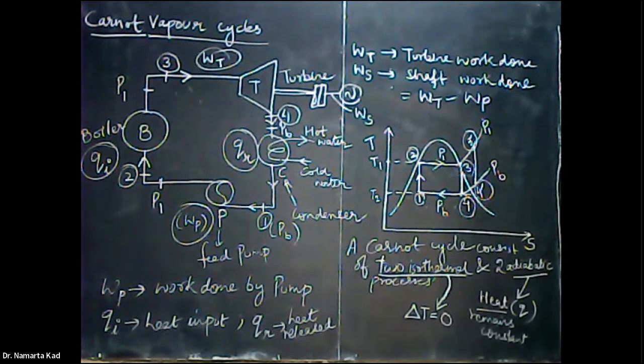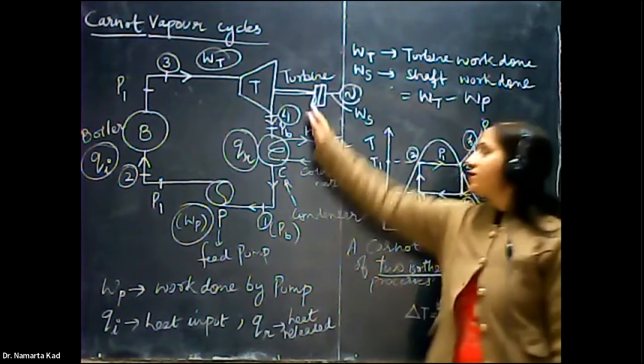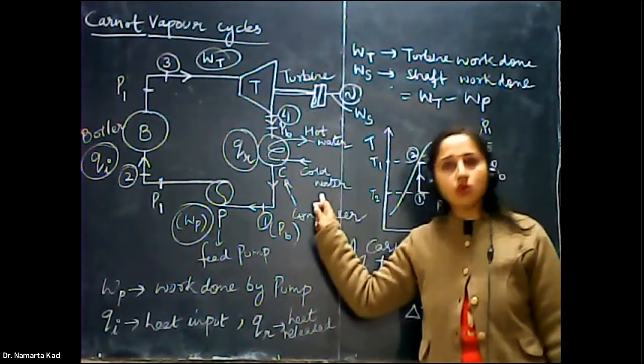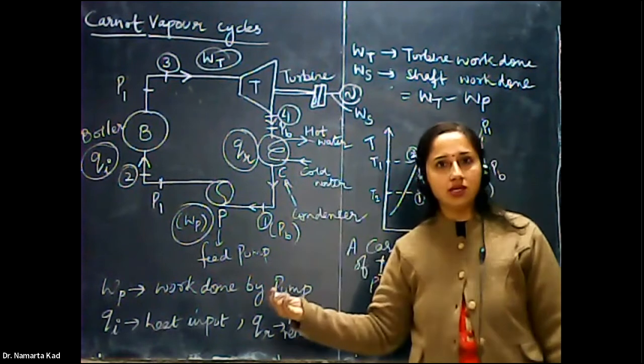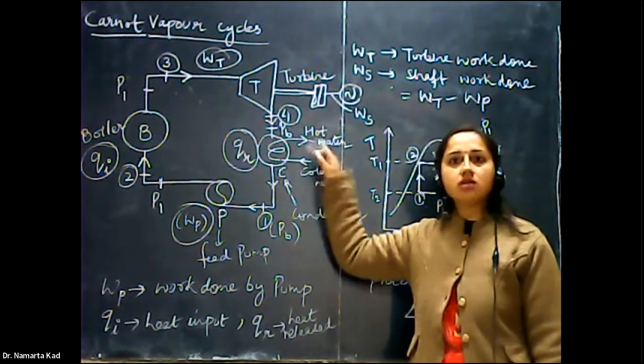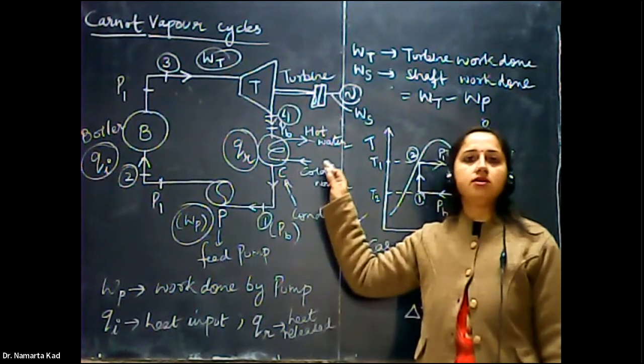The wet steam enters the condenser where it rejects the heat QR isothermally at constant pressure. Pressure also remains constant. The heat of the wet steam is rejected to the cooling water circulated in the condenser, and this cold water gains that heat and is converted into hot water, which is again thrown into the river or lake.